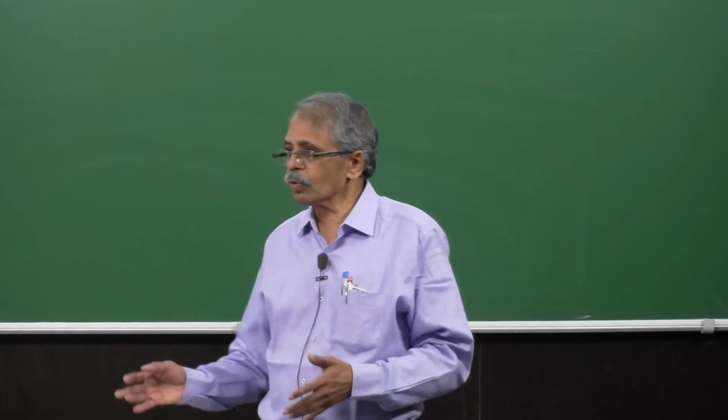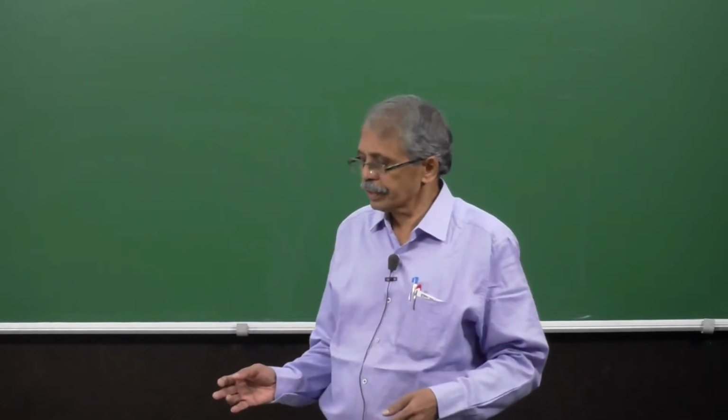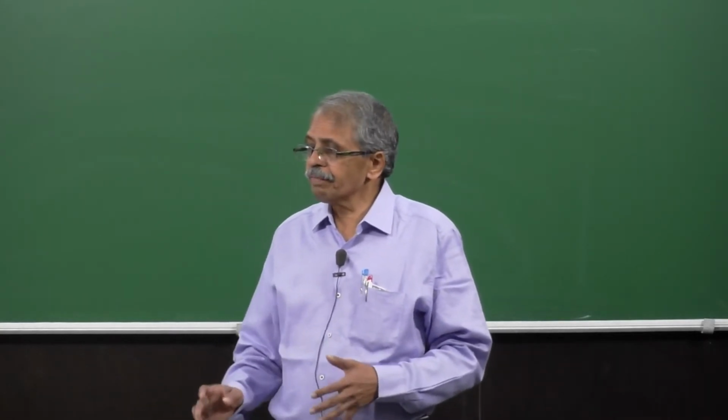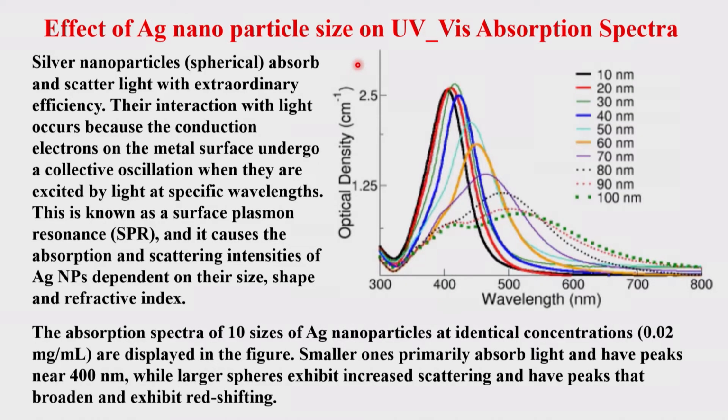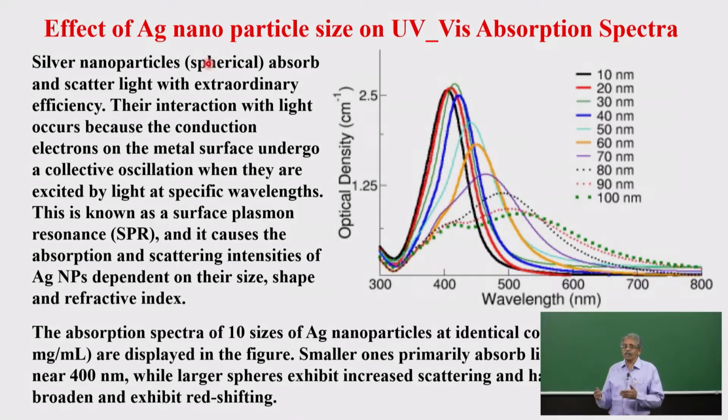This is a very well known thing; in the last 25-30 years people have been heavily using it, but even then the absorption spectra is of very great use. You can make silver nanoparticles in a variety of shapes and sizes as well.